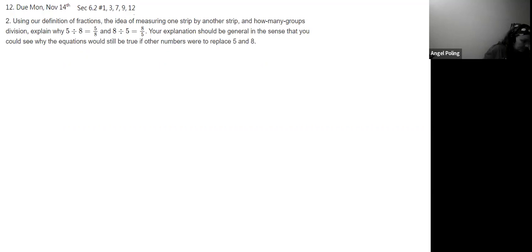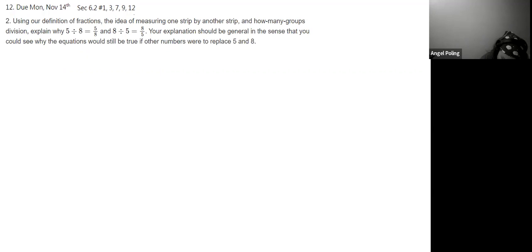Let's see. Okay, so let's use strips, definition of fractions, and how many groups division to explain each of these scenarios. So we've got how many 8s are in a 5.